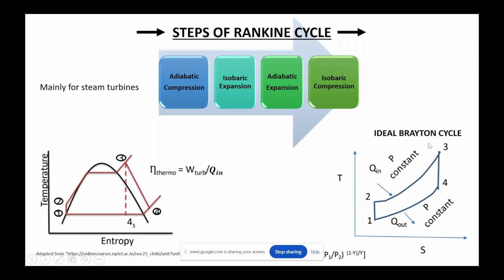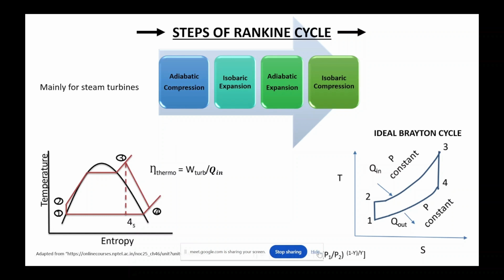The Brayton cycle and Rankine cycle processes are almost similar, except that in the steam turbine you use a liquid which is converted to steam, whereas here you use air. That air gets pressurized and heated, goes to the gas turbine and rotates it, which is then converted to power. Once the gas loses its pressure as well as heat, it comes back to its original condition. So this is the Rankine cycle and the Brayton cycle.